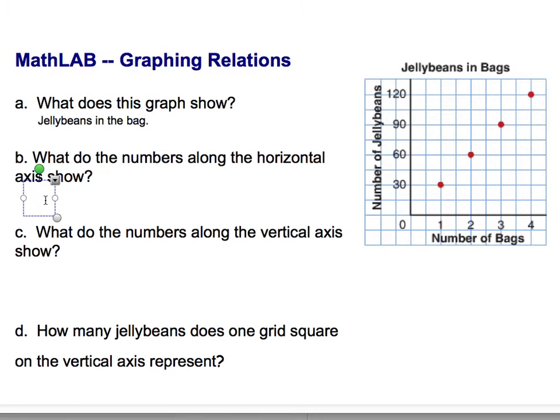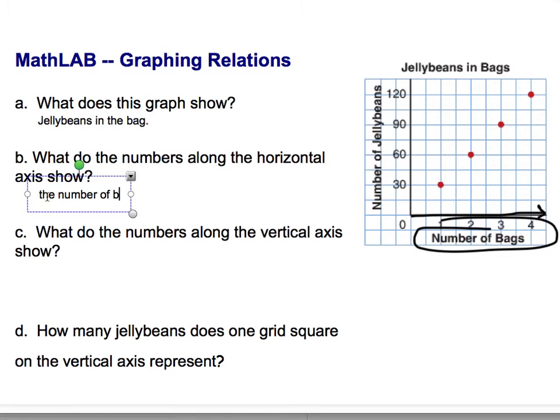Horizontal means left to right, like looking at the horizon. So that would be this line right there. It would represent the number of bags. Okay, and I'm just going to erase that so we don't get confused.